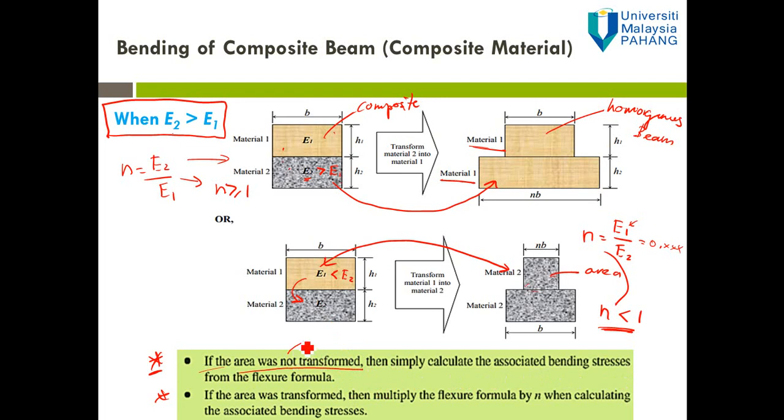So for the material that is not transformed, the stress is equal to My over I. If the area was transformed, so for the material that has been transformed, the stress is equal to nMy over I. So you have another factor here, factor n. You can apply the flexure formula, but you have to multiply by the factor n, the transformation factor n.